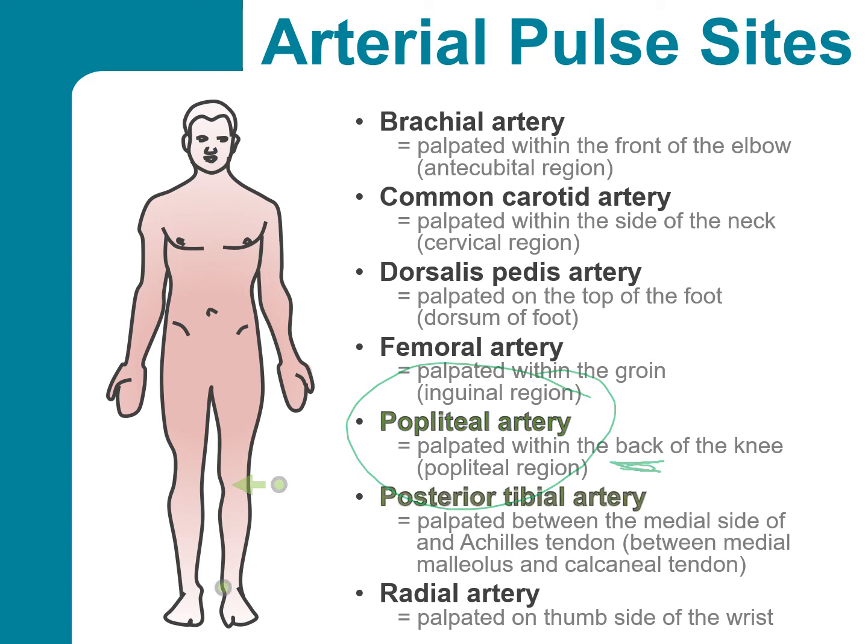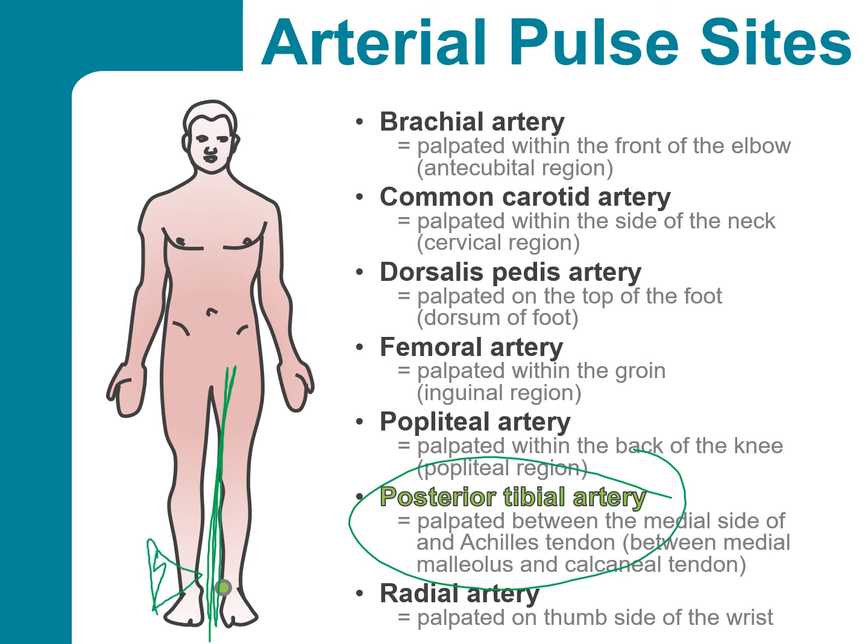The next two are typically less used ones, but nonetheless options that we have. The posterior tibial artery runs on the medial side, so on the middle facing side of the ankle. To find a pulse from this, you would go between the medial side and the Achilles tendon.